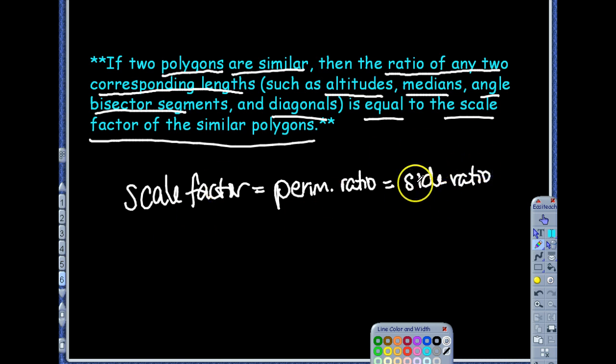But again, it's also the same as, and we could list them all, I'm not going to list them, the altitude ratio, the median ratio, the angle bisector segment ratio, the diagonal ratio, all of these special segments that we have within there are also going to be in that same ratio. And notice the things that she kind of circled here. Those are all within the polygons. Whereas side ratios are what make up the polygon.